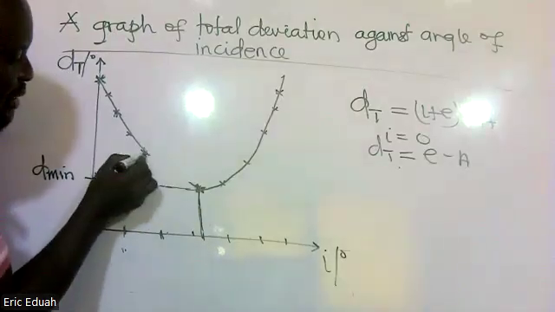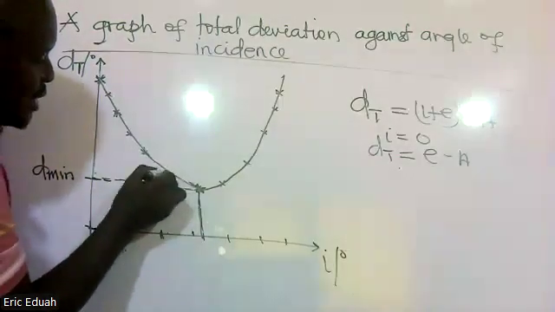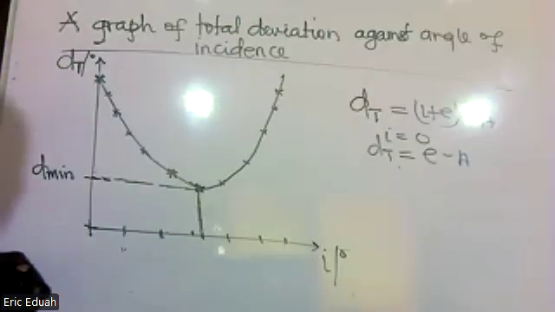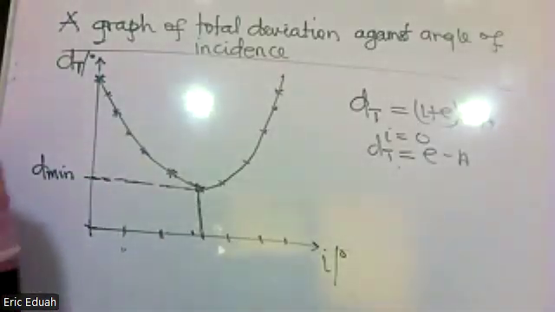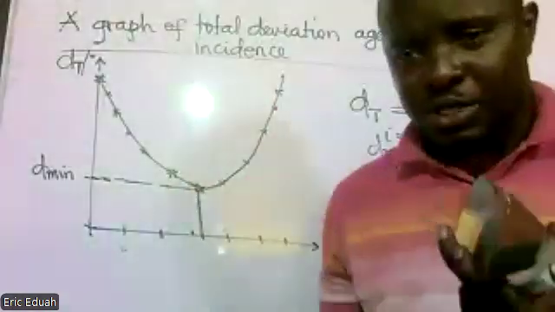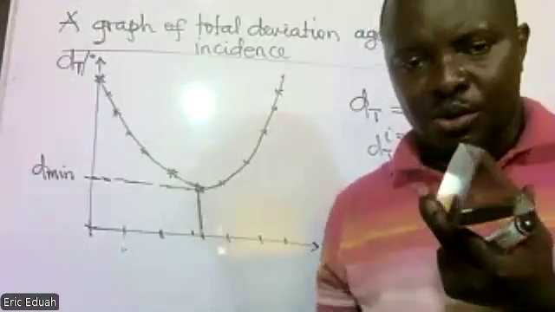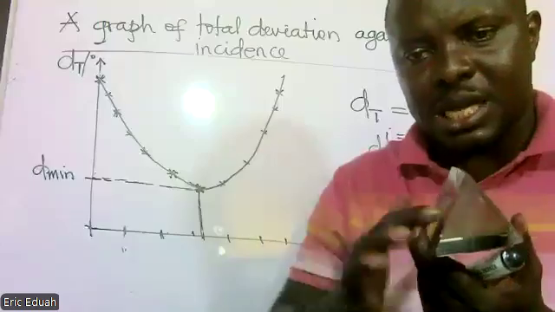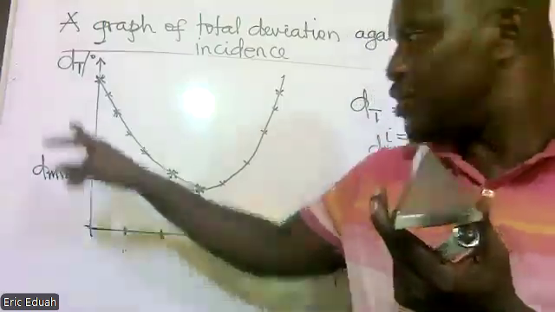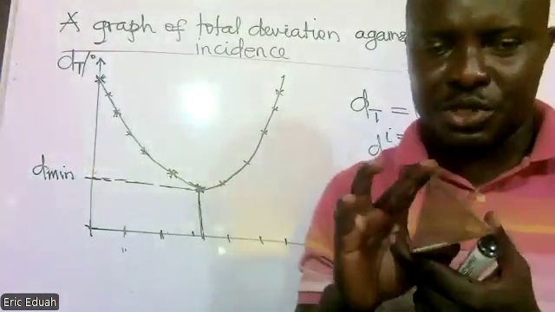So in your practicals, they'll ask you to plot a graph. You go through this experiment. It's unfortunate you are not somewhere close. Otherwise, I would have wished that we go through the practicals of this to get our values to plot this beautiful graph.